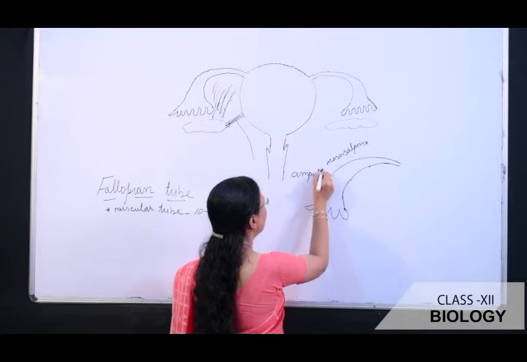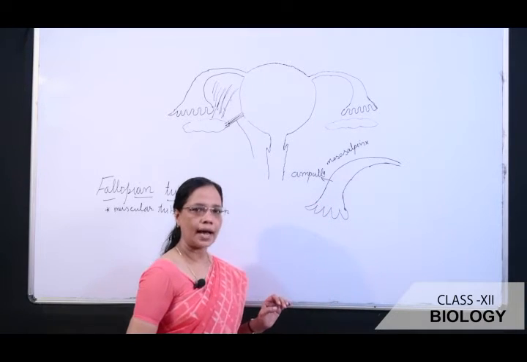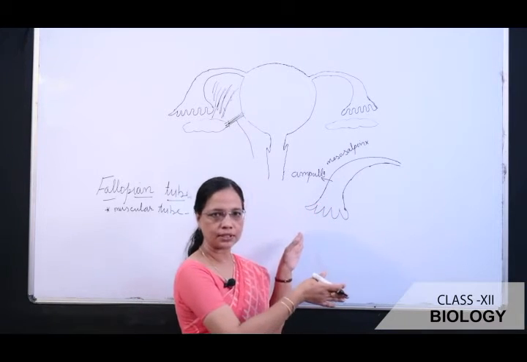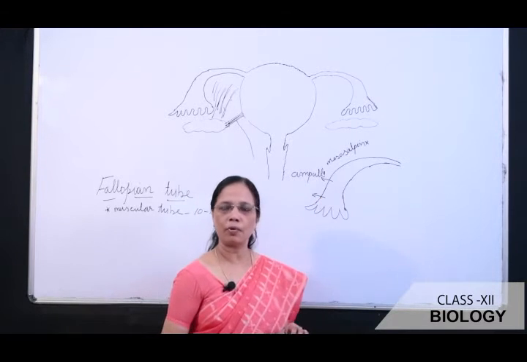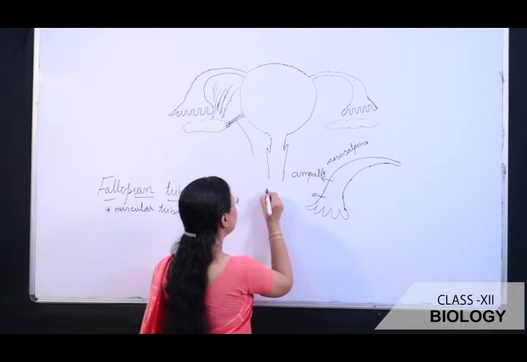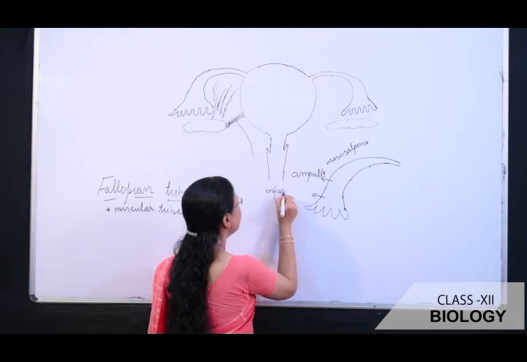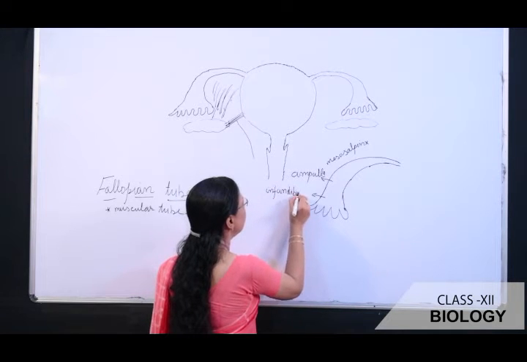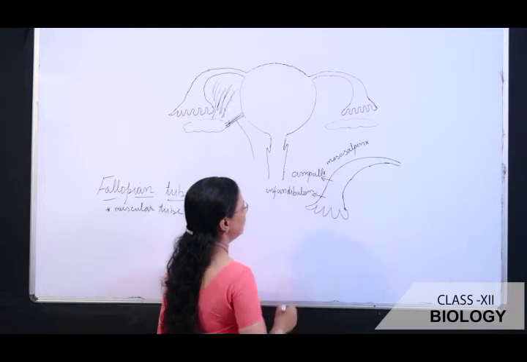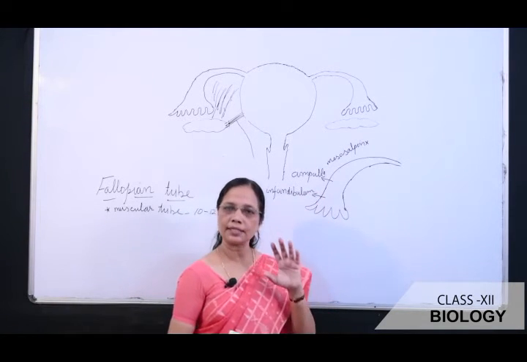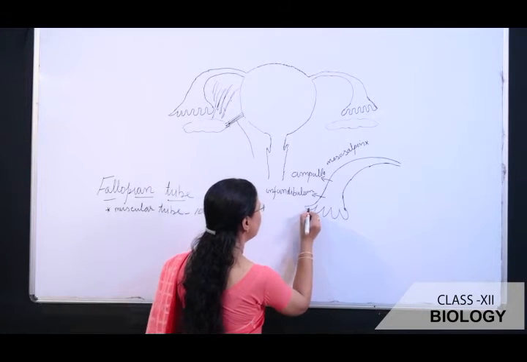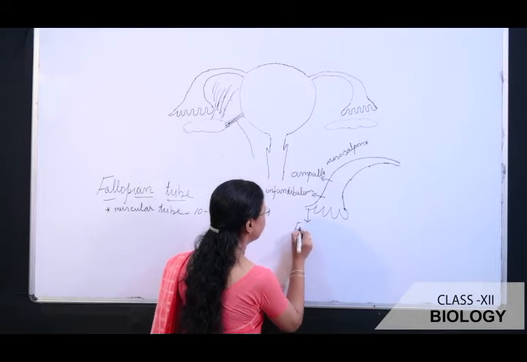That expands towards the lower region in the form of a funnel, which is called the infundibulum. Now at the margin of the infundibulum there is a finger-like projection which is called the fimbriae.